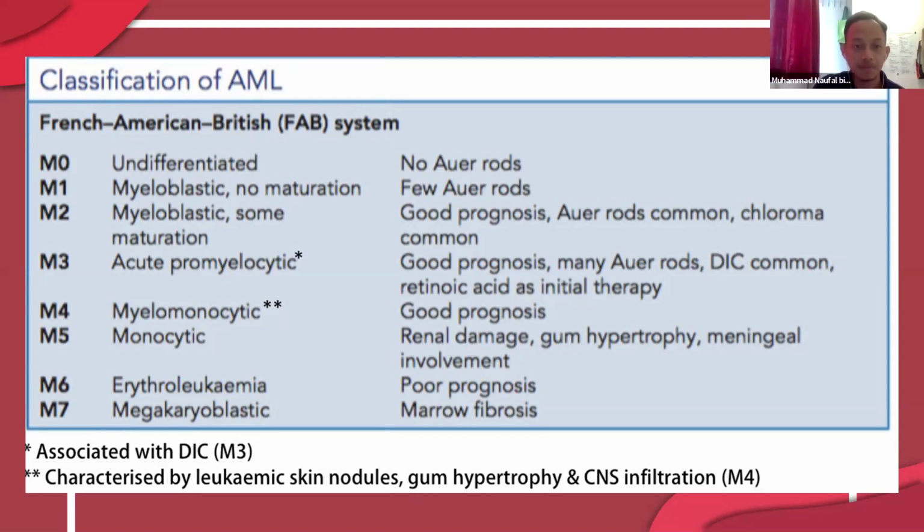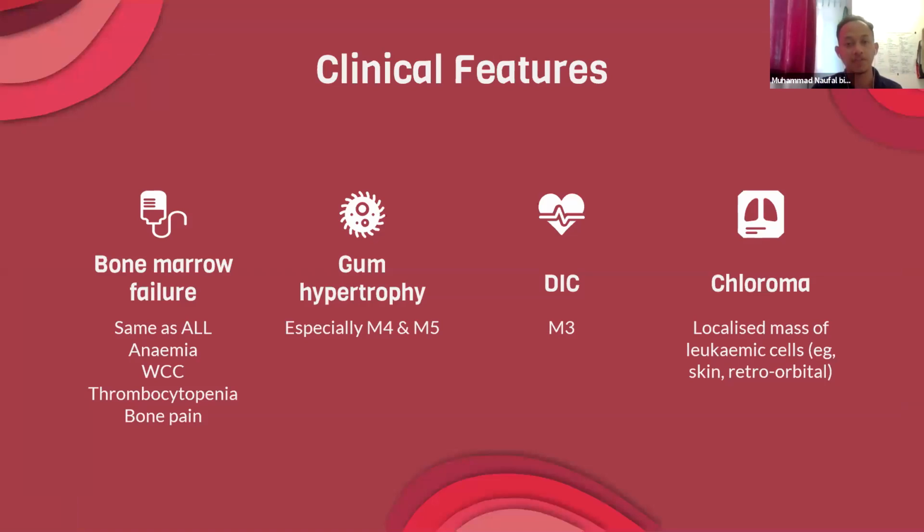Okay, next for clinical features, they are actually similar to ALL. The first one is bone marrow failure. Like ALL, there will be anemia, white cell count can be normal, decreased or increased, and also there will be thrombocytopenia and bone pain.